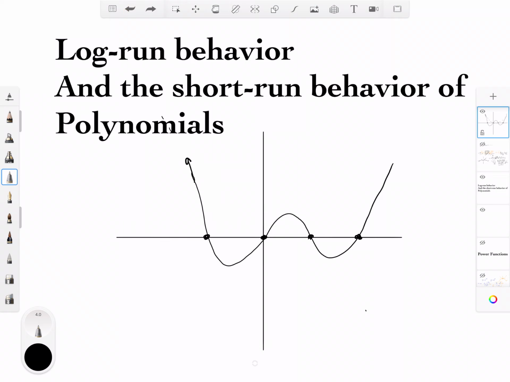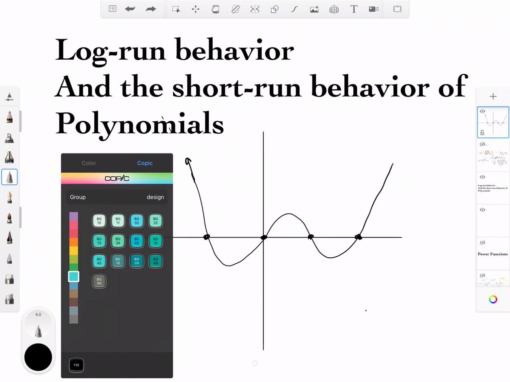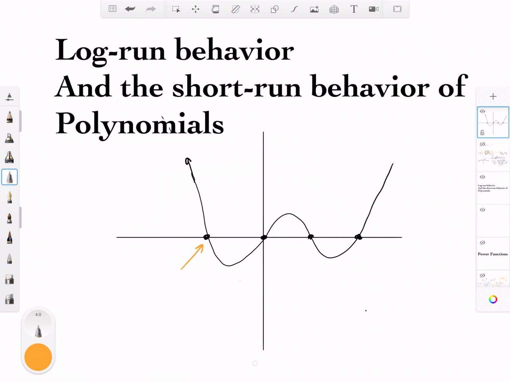that means we are interested to know what the x-intercepts are and what the y-intercept is. So this much, like from -10 to +10, for example, will be all the short run behavior.